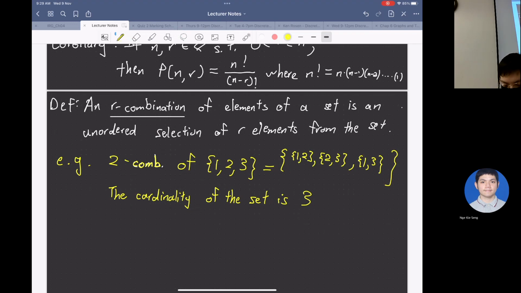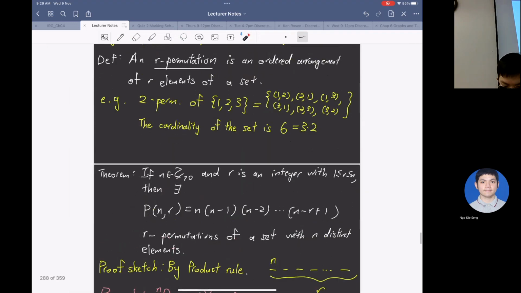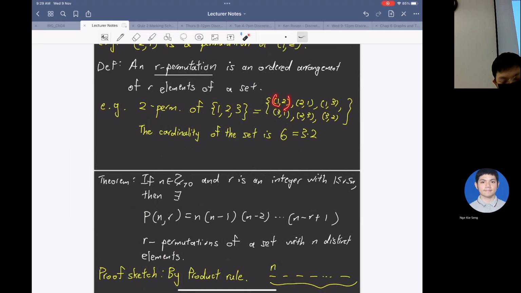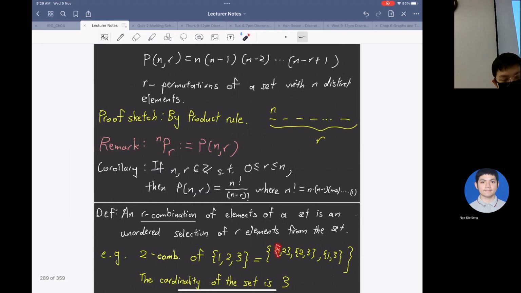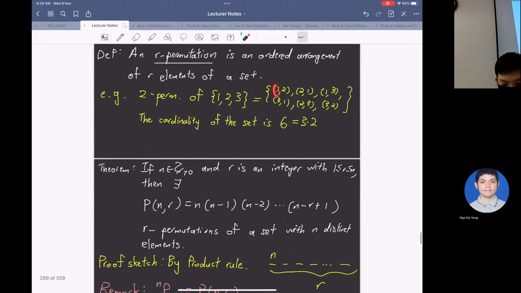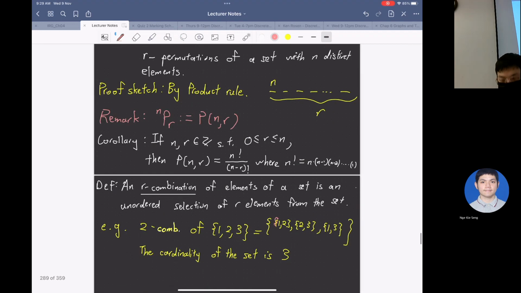Notice that I changed the notation here. Just now I put round brackets, now I put set brackets. Remember that we defined the round bracket as the ordered pair, so the order is important. But now we put set notation.